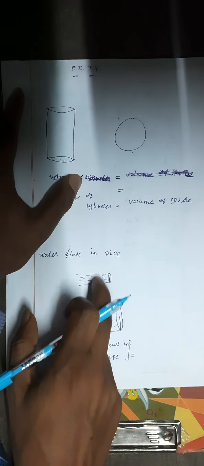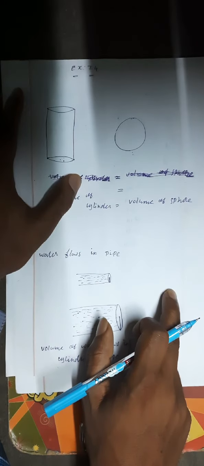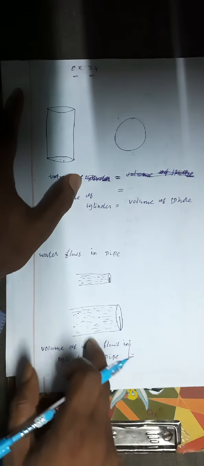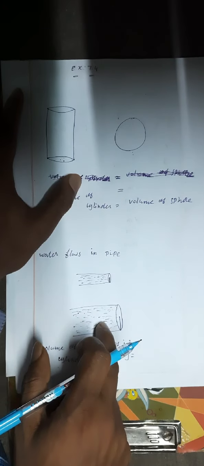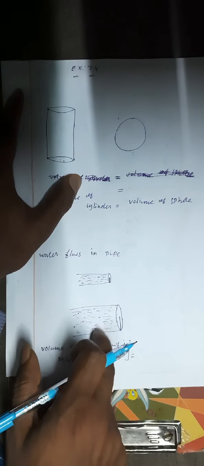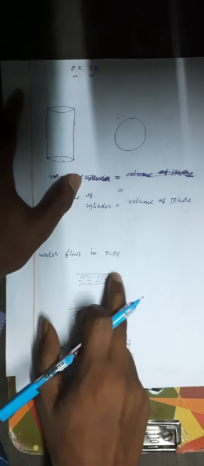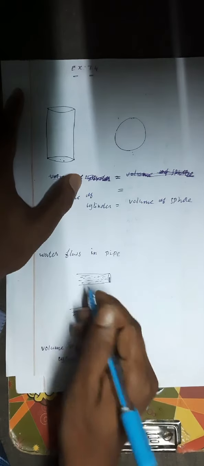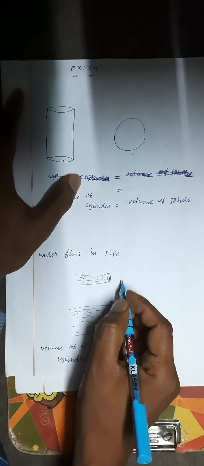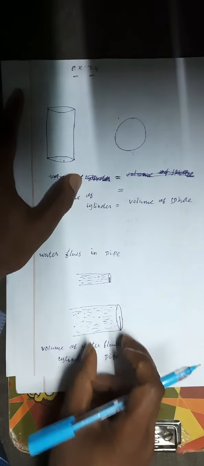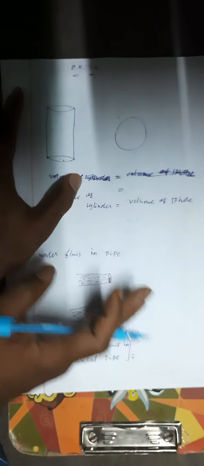For the small pipe, what is the speed of the water? And the big pipe also we can take, where water also flows with some speed. In the small pipe the speed will be fast. For the big pipe the water speed is somewhat less than the small pipe.